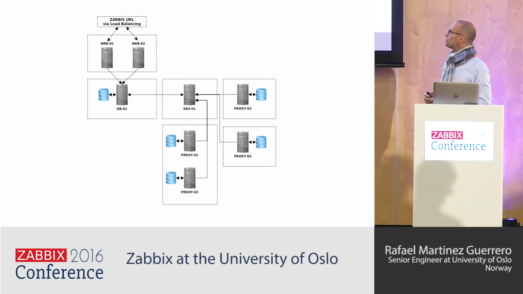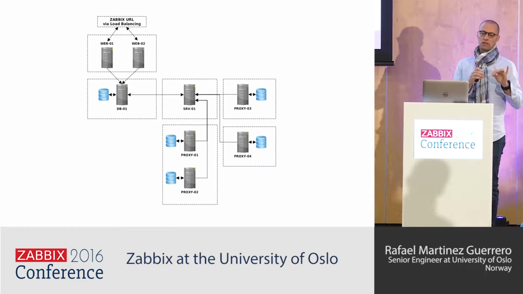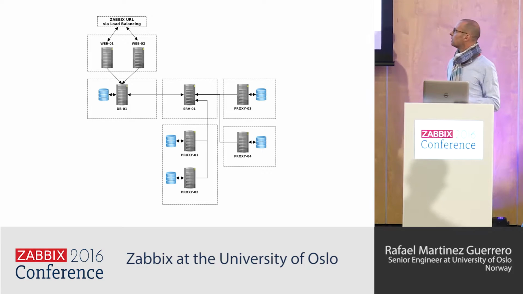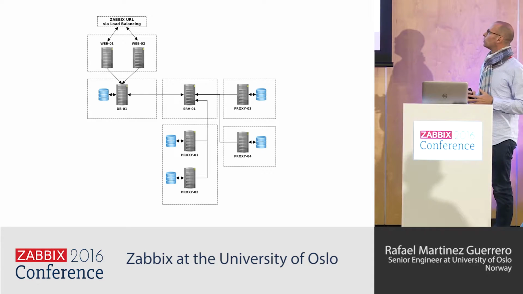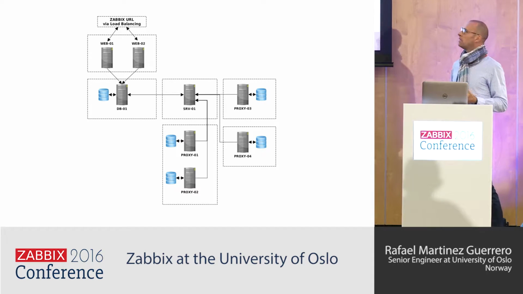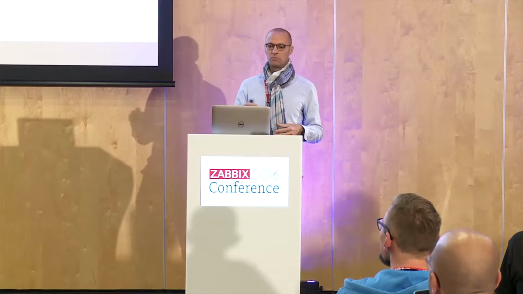Another thing we did was to have dedicated servers for all the Zabbix components in the system. We have a couple of web servers on the top for the dashboard and the API. We have a dedicated database server, a dedicated Zabbix server, and we have multiple proxies all over the infrastructure to get all the data that we are getting in the system.